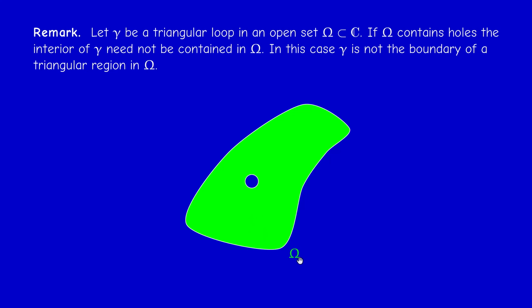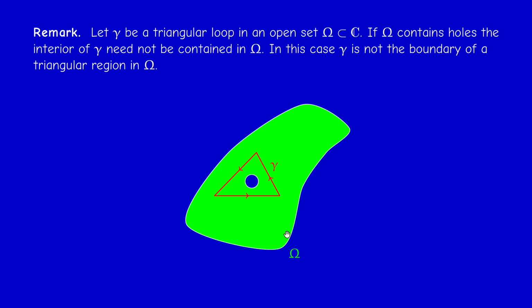For example, if you take the domain in green here, omega, there is a hole. If I have a triangle surrounding the hole, then the interior of the triangle, or the triangular region, is not contained in omega. So it's important to be precise about these concepts. However, we shall get back later to the problem of domains containing holes.